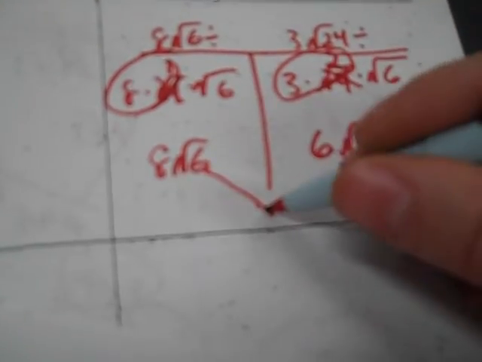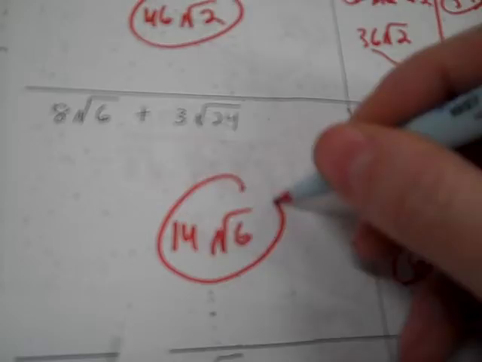So what ended up being the same? Well, what ended up being the same was the square root of 6. So that allows me to add the outside numbers. Okay. 8, 6. So I take 8 plus 6, and that's 14. So that's 14 square roots of 6.